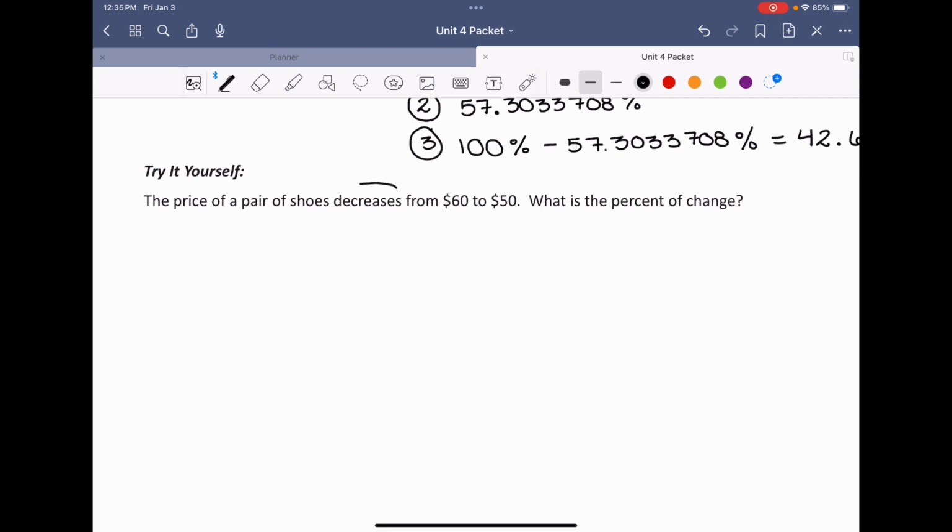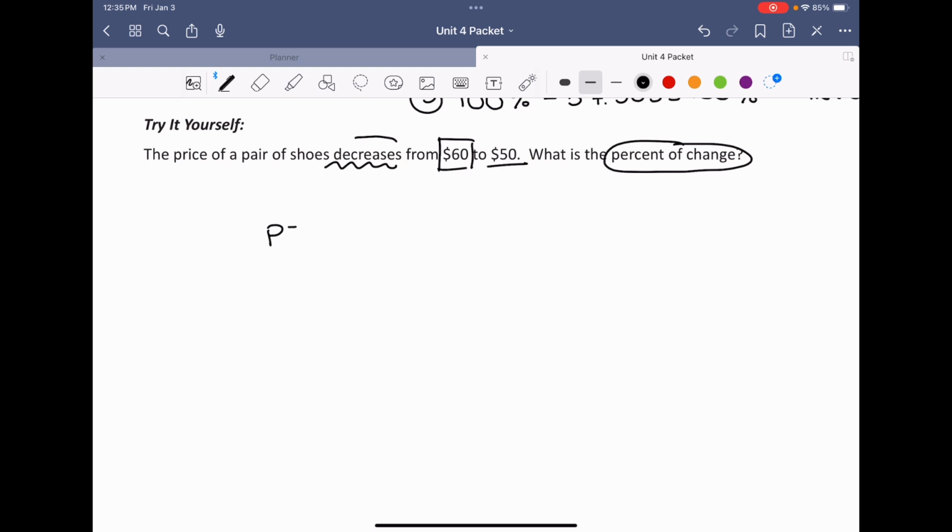All right, so we are finding the percent of change and it decreases. We start at $60 and go down to $50. So our part should be 50. Our percent is what we are finding. And our original amount is 60.